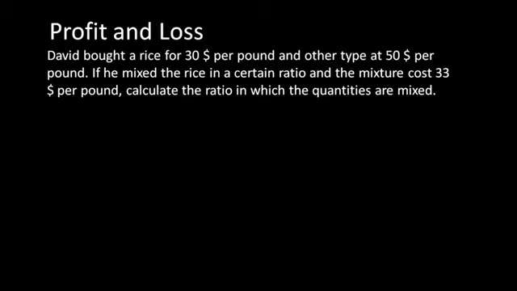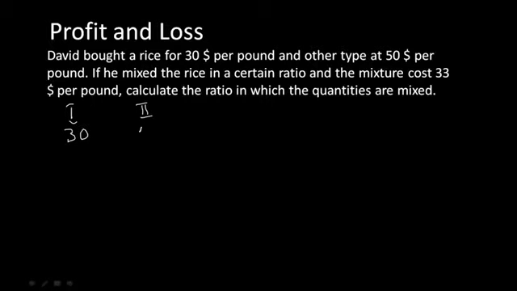It applies to profit and loss as well. David bought one type of rice for $30 per pound and another type at $50 per pound. He mixed the rice in a certain ratio and the mixture cost $33 per pound. Calculate the ratio in which the quantities are mixed. So over here, let's suppose there were two types, type 1 and type 2. Type 1 costs $30 per pound.